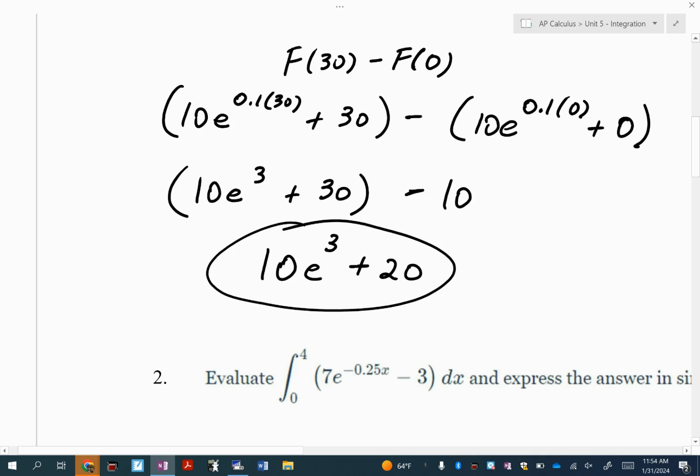That is what you'll be typing in to Delta Math. Why is it 20 instead of 30? Well, this was 30, but then when you subtract the 10, it becomes 20.